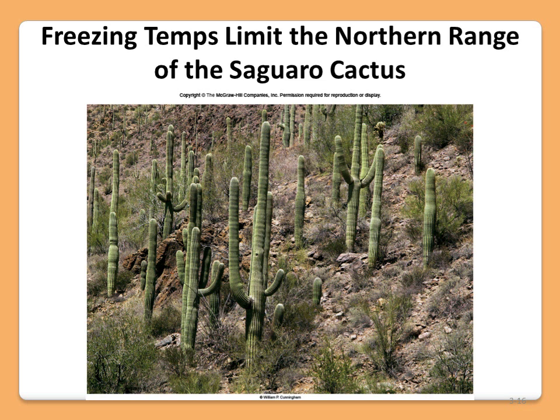Once you start getting freezing temperatures for more than 12 hours, the tips of the cactus start to die, and then the cactus itself will eventually die off. So you see a line geographically where the temperatures hit freezing more frequently, and then you do not see the cactuses beyond that point.